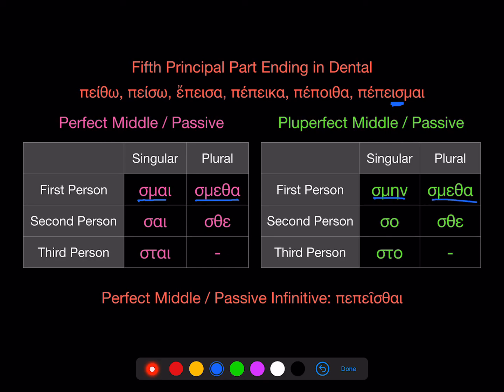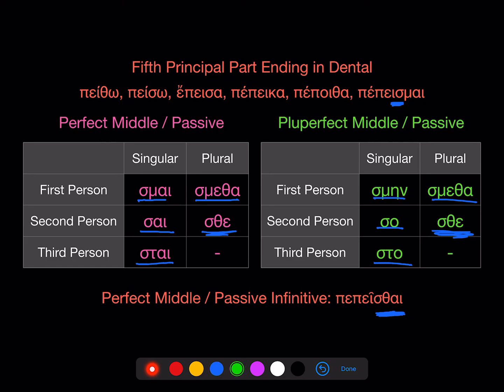You're also going to see the sigma before the endings that begin with a tau. So stai and sta. Now before the endings that begin with a sigma, one of the sigmas is going to drop out. So psai, sthe, sa, sthe. And whatever happens in the second person plural happens in the middle passive infinitive too. So pepesthai.